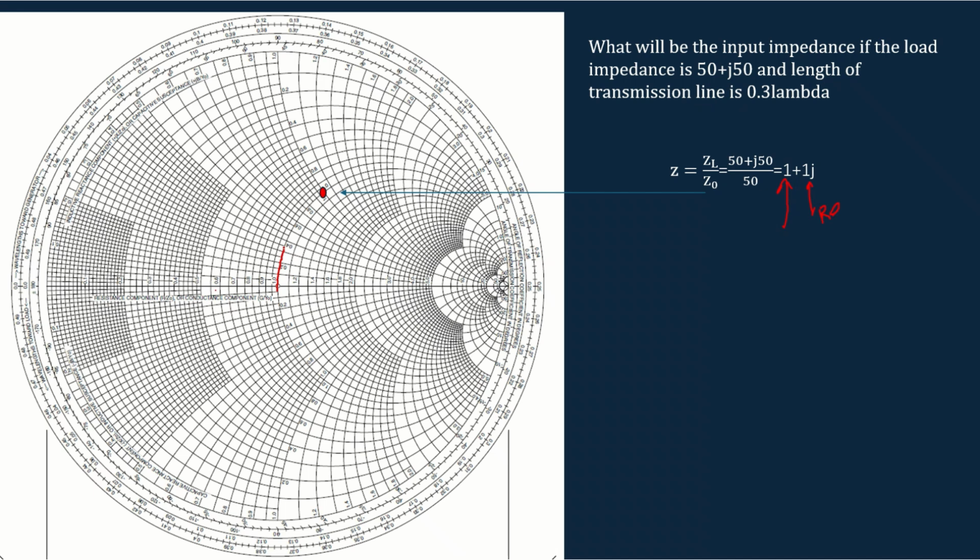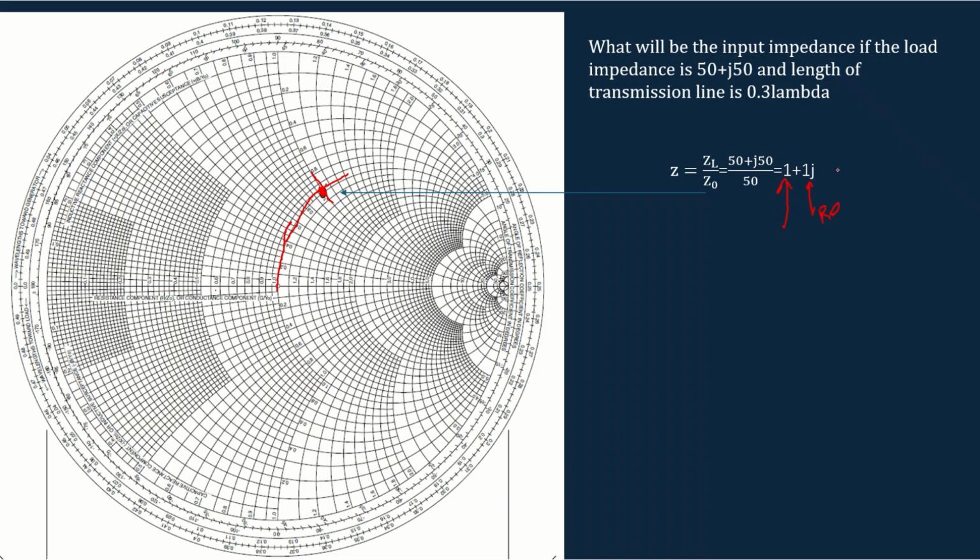So this is the constant resistance circle, and you have to find 1 in the reactance. Here you can see that these lines correspond to the inductors, and this one is for the inductor. So if you find that intersecting point, that will correspond to 1 plus 1J.